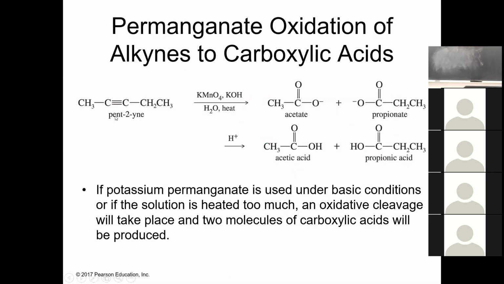That completely splits the triple bond, and we'll get two carboxylic acids. Since it's in basic solution, we'll get the conjugate base. We'll get carboxylates. If we add a strong acid, such as HCl or sulfuric acid, we'll get two carboxylic acids.